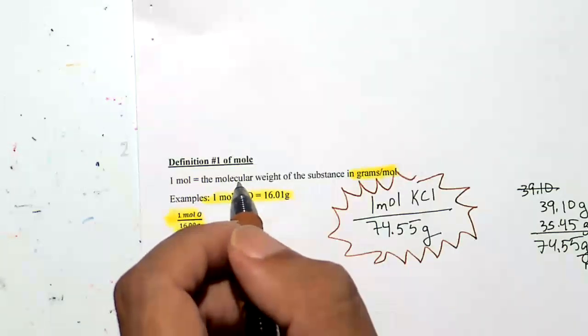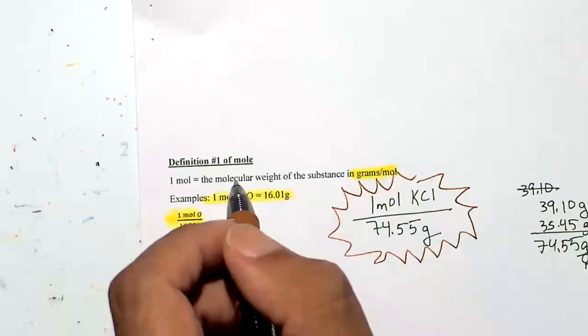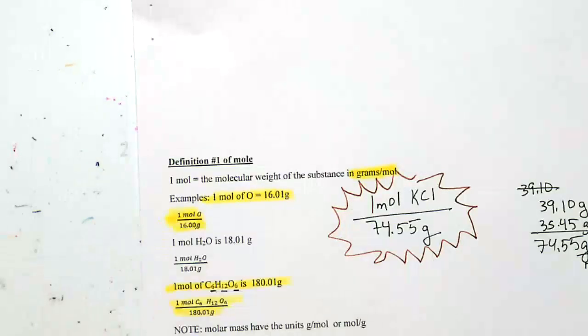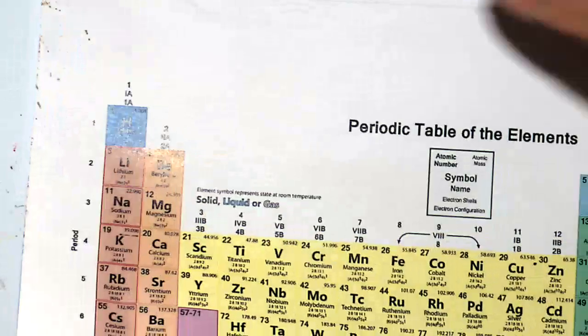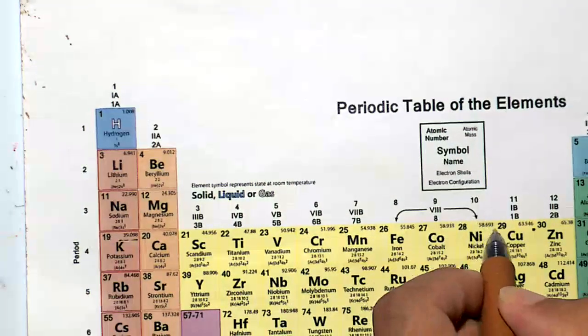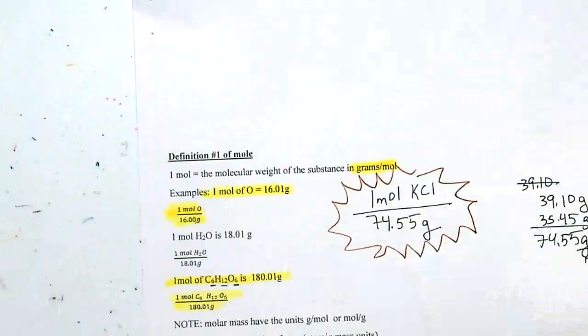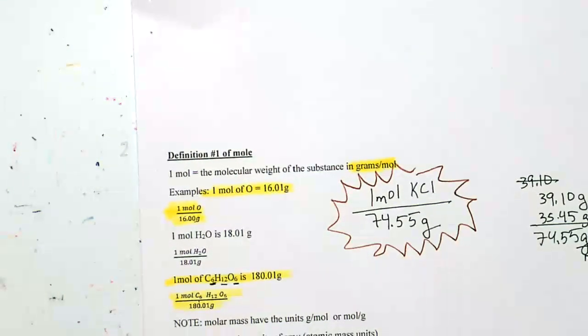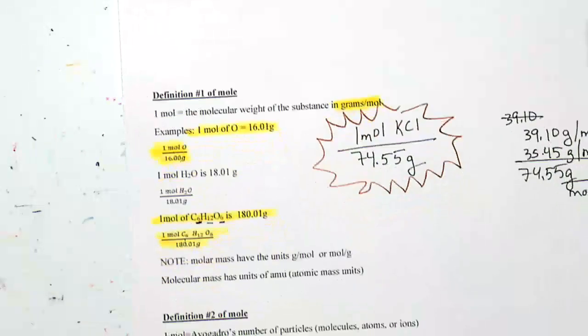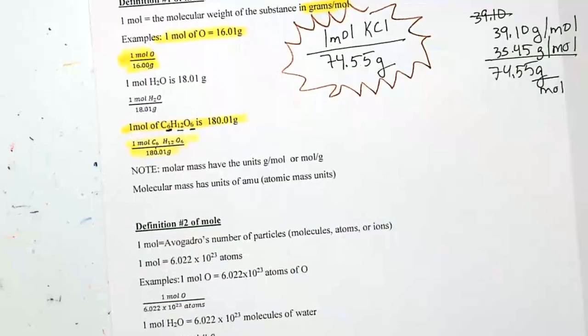Shall we move on to the second one? Just add up these numbers. If there's a 2, multiply it by 2. If there's a 6, you multiply it by 6.